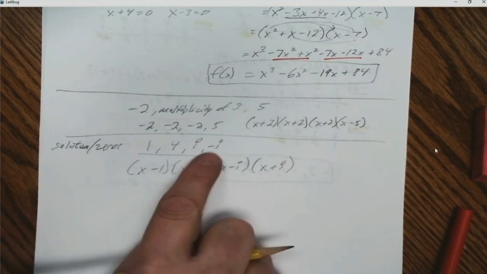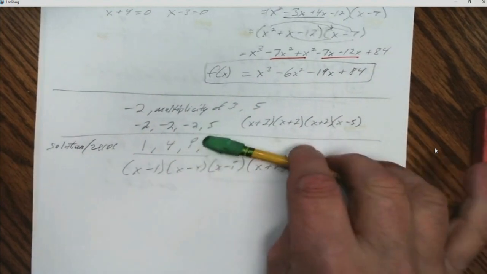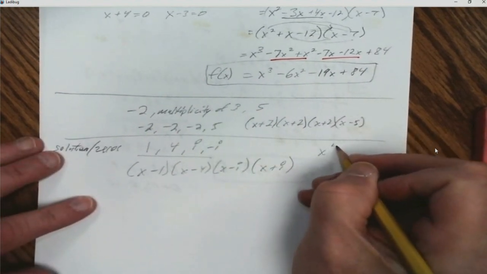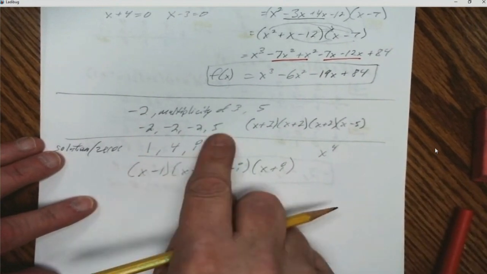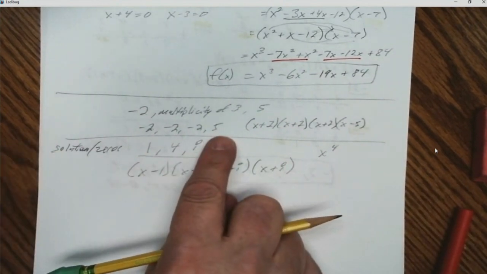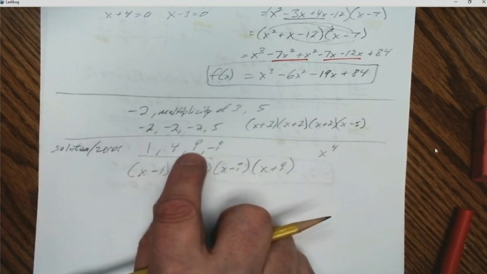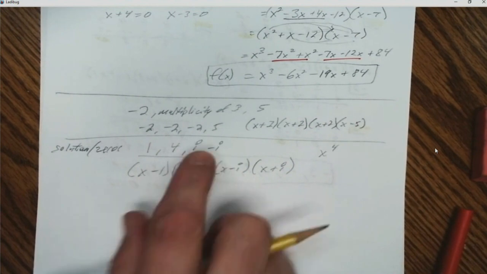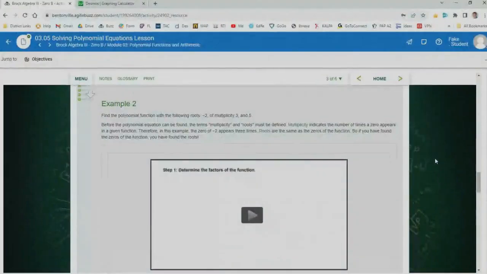They didn't tell me this one. They just gave me 3. So this is actually an x to the 4th, because there's 4 solutions. They had me thinking it was an x to the 3rd. Don't let them fool you. If they give you one imaginary solution, the other one is also there. Don't let them fool you on that.